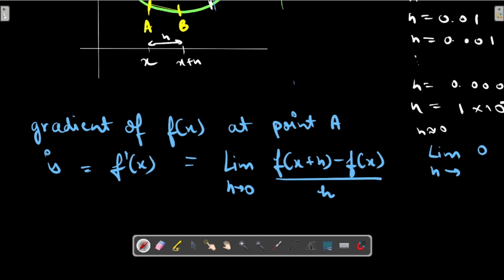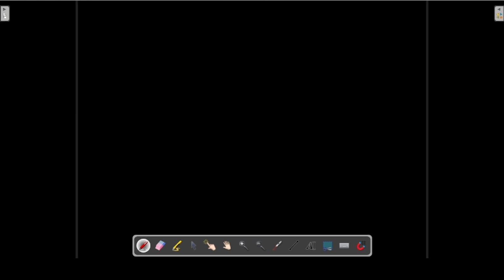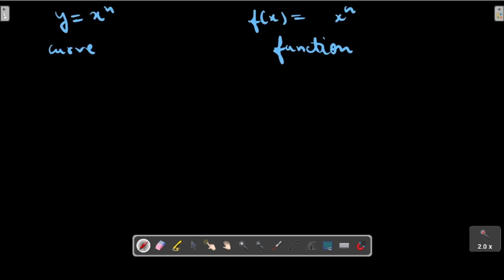Now we will be using this to derive one formula. If it's given in the curve y is equal to x to the power of n, then it's a curve. If f of x is equal to x to the power of n, then it shows you your function.